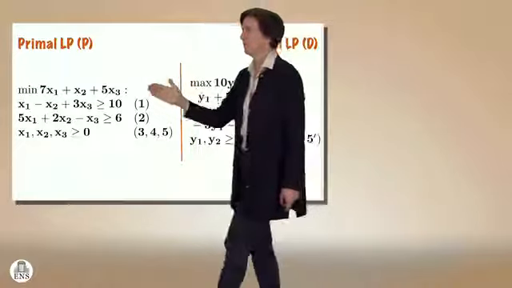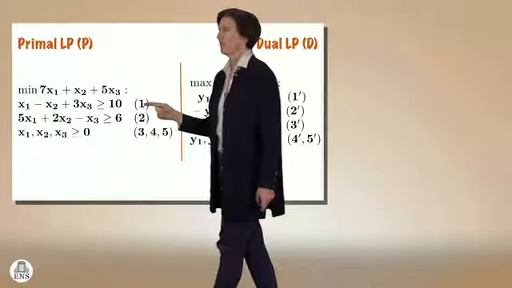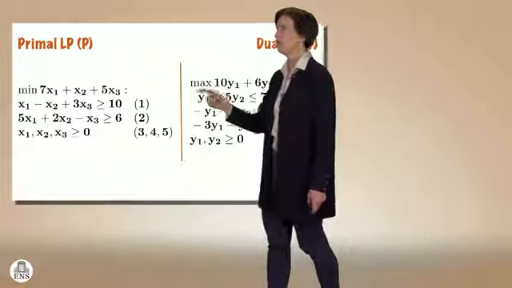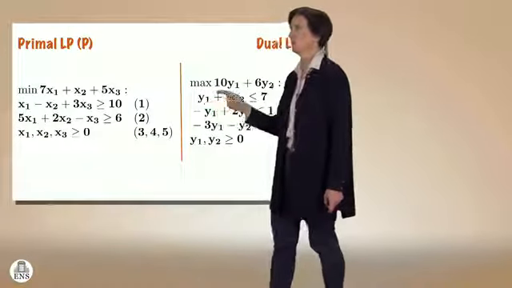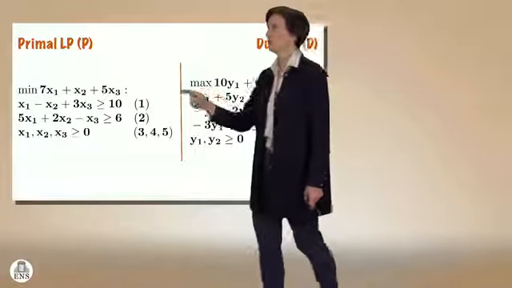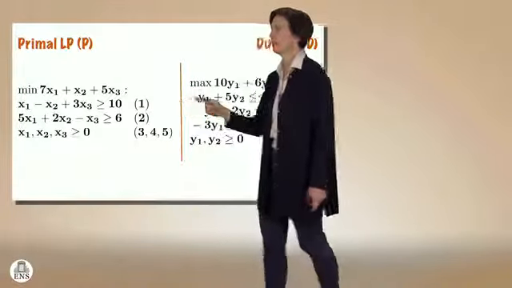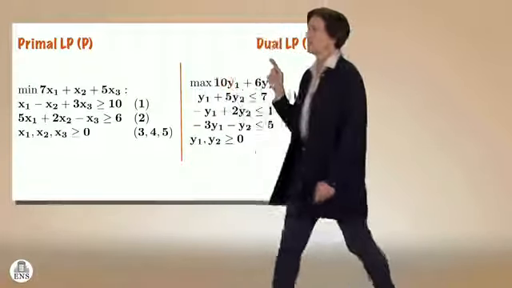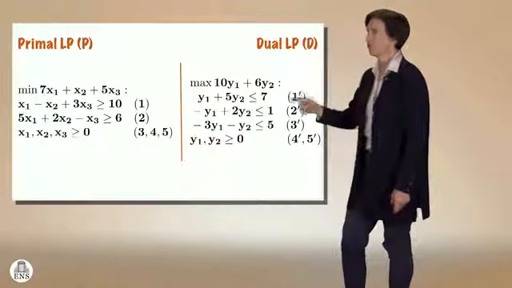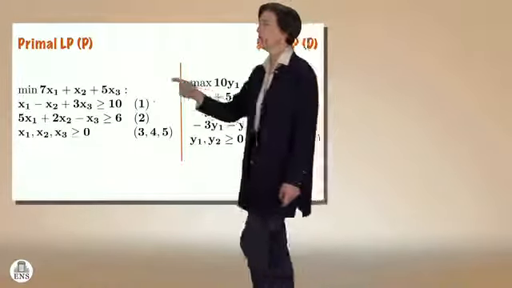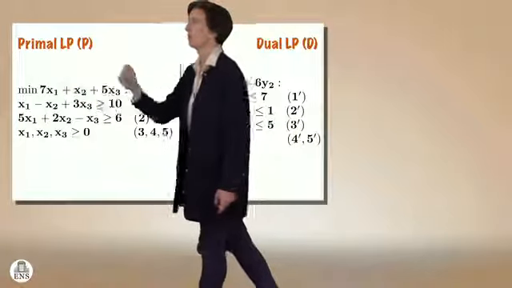Now, each constraint here gives us a coefficient, a variable in the dual. Constraint 1 gives us variable y1. Constraint 2 gives us variable y2. Similarly, each constraint in the dual corresponds to a variable in the primal.